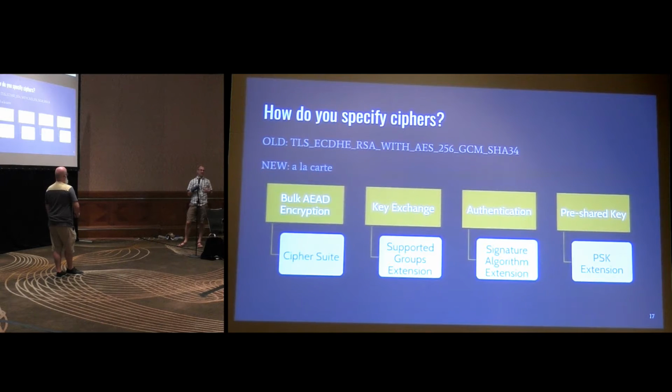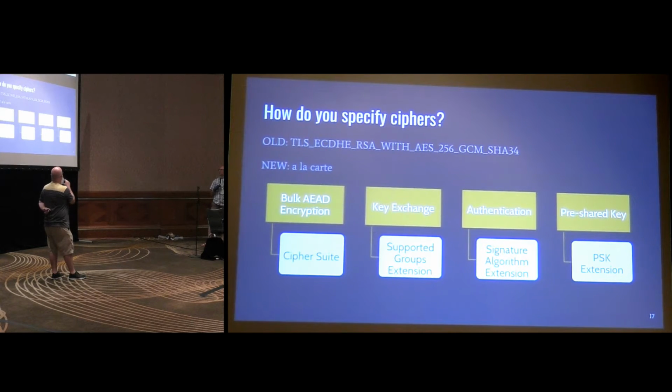This gives us a lot less of a combinatorial explosion, so that the actual 300 cipher suites could be represented in TLS 1.3 in a much smaller number of code points. But we hope that we don't try to exercise that capability as much anymore.